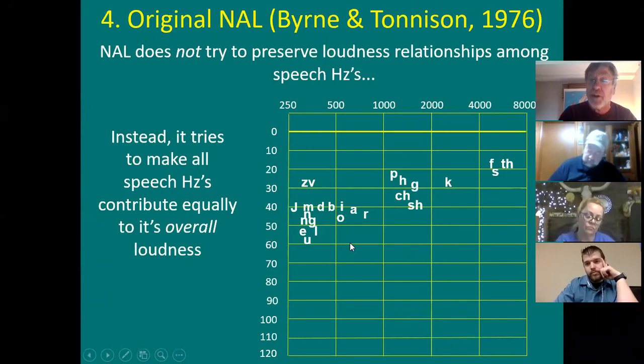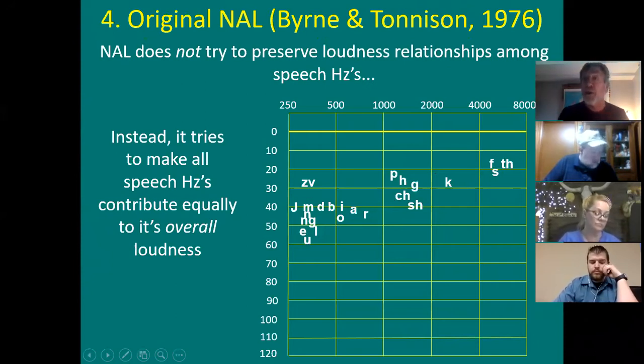But anyway, all the sounds that are loud and low compared to consonants, soft and high. So this is the relationship among unaided speech frequencies, right? That's generally the audiometric relationship between the sounds of speech, unaided, on an audiogram.